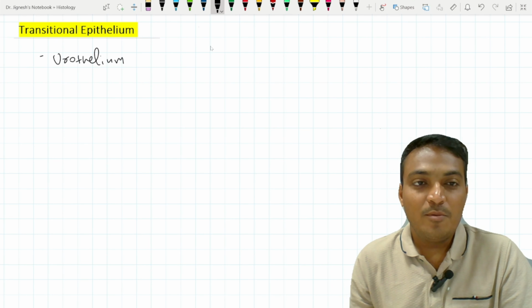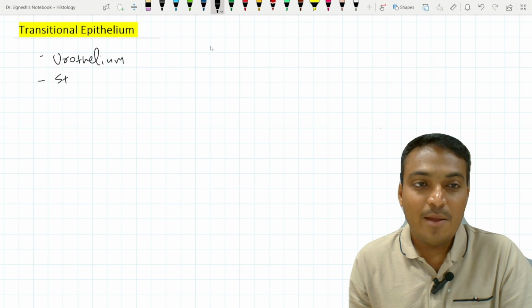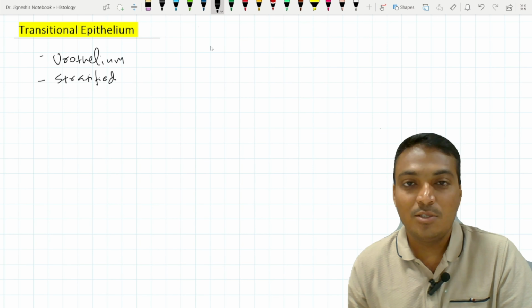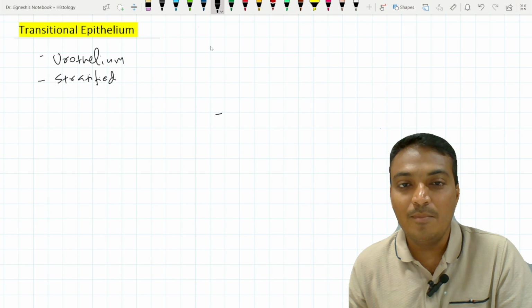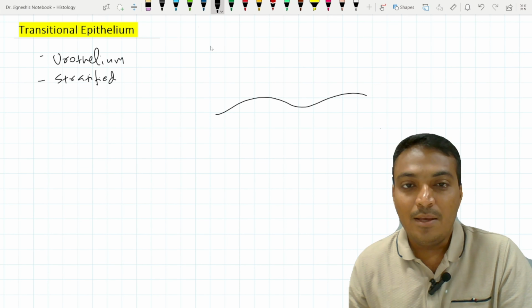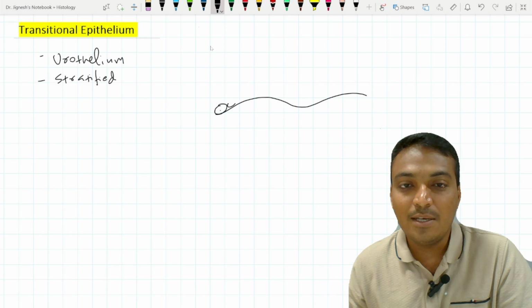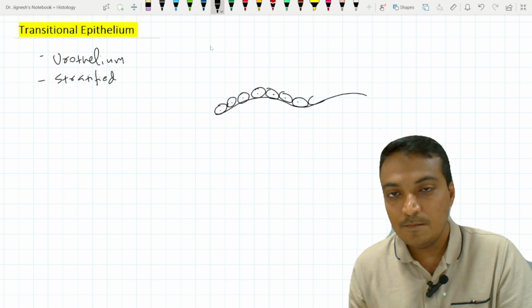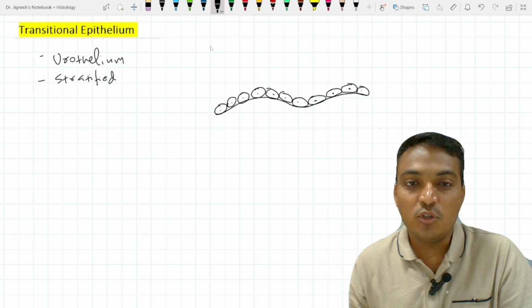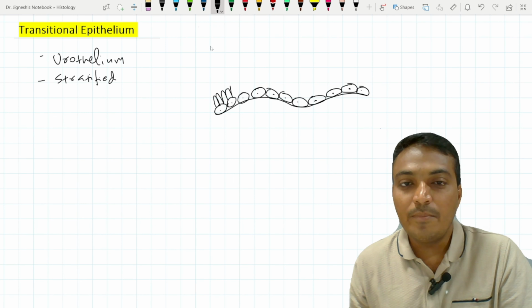This transitional type of epithelium is a stratified type of epithelium, as it has multiple layers. So if we draw the transitional epithelium, it should be placed on the basement membrane, and the basal layers are rounded in shape, and above it there are a few layers of columnar cells.